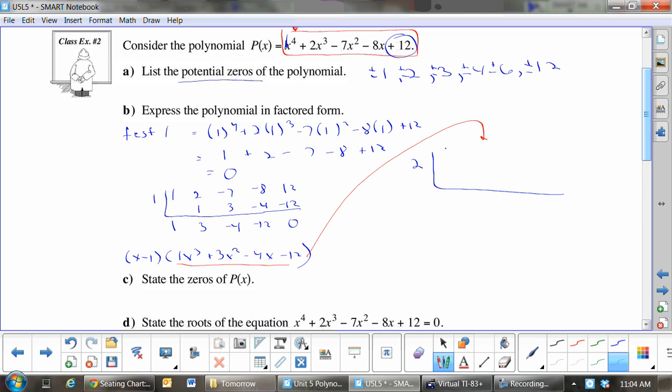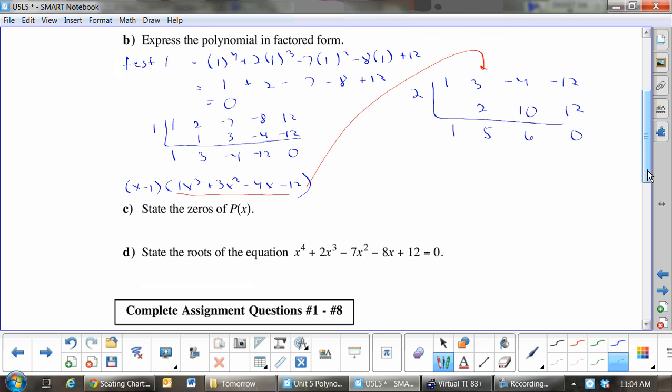So that's going to be 1, 3, negative 4, negative 12. Okay, bring down the 1. 2 times 1 is 2, 3 plus 2 is 5. 2 times 5 is 10. Negative 4 and 10 is 6. 2 times 6 is 12. I get 0.